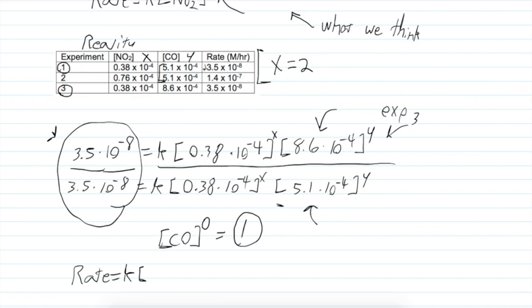So it's going to be rate equals K times NO2, and we said here that x is equal to 2. Rate is equal to K times NO2 to the power of 2. This is experimental.